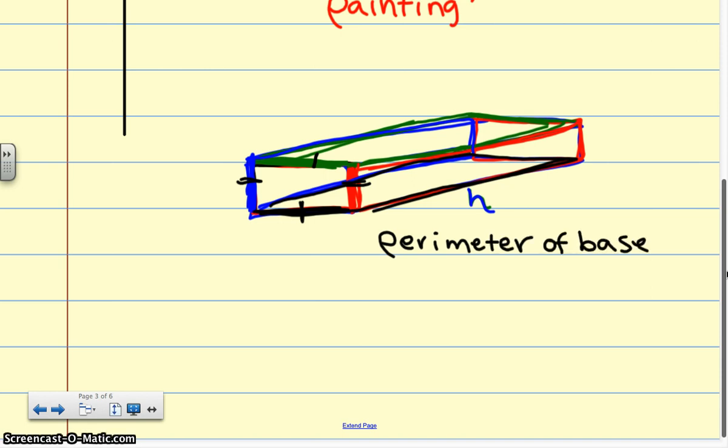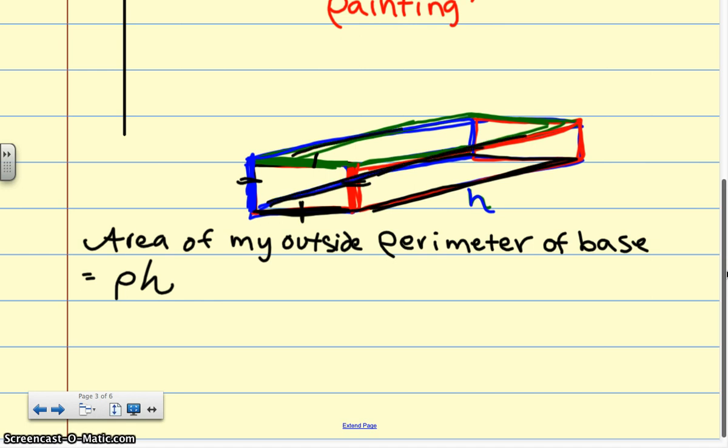So to find the outside faces, the area of my outside, not my bases, just the outside, is equal to the perimeter of my base, I'm going to call it P, times how tall my rectangle is. I always used how tall my rectangle was, and I always used one of the dimensions of my base. So the area on the outside, that's the top, the bottom, the side, and the other side, is equal to my perimeter of my base times my height.